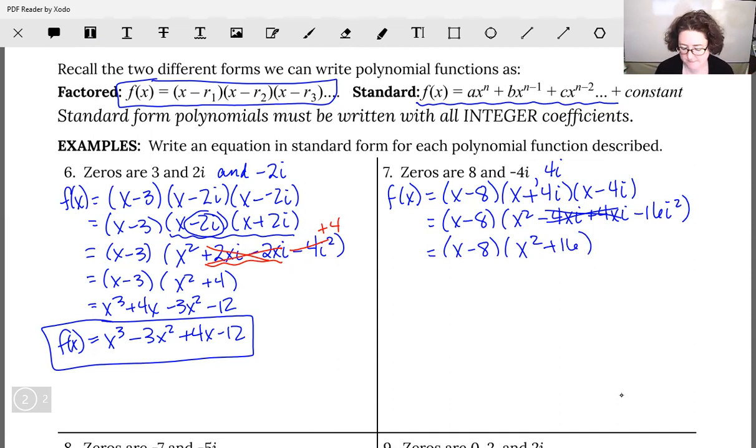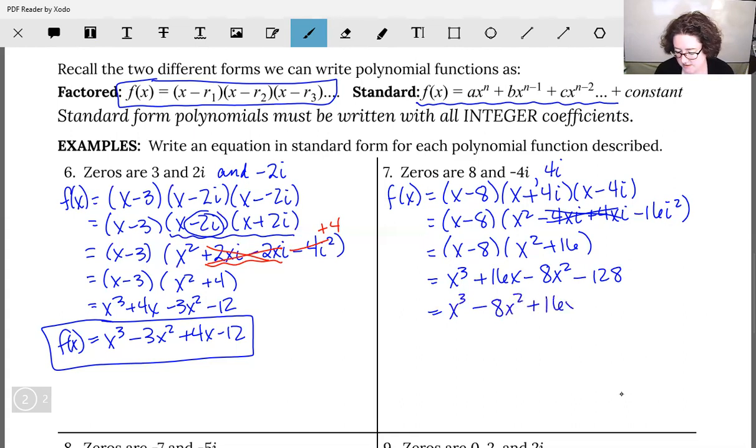Distribute out your x plus 8. So we have an x cubed plus 16x minus 8x squared minus 8 times 16, 128. And so we want to rearrange to be in standard form. So x cubed minus 8x squared plus 16x minus 128.